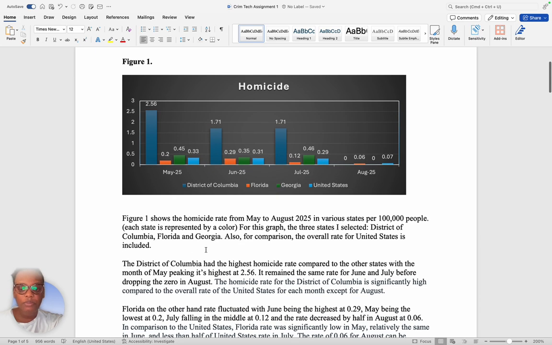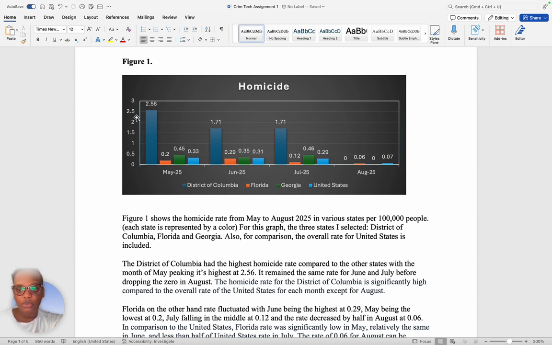The District of Columbia had the highest homicide rate compared to the other states, with the month of May peaking at its highest at 2.56. It remained the same rate for June and July, 1.71, 1.71, before dropping to zero right here in August. The homicide rate for the District of Columbia is significantly high compared to the overall rate of the United States for each month except for August.